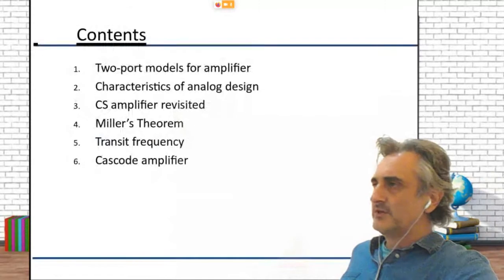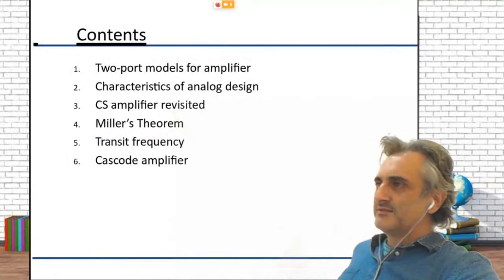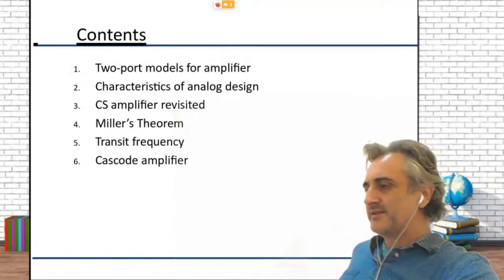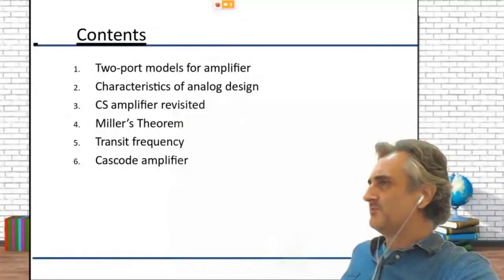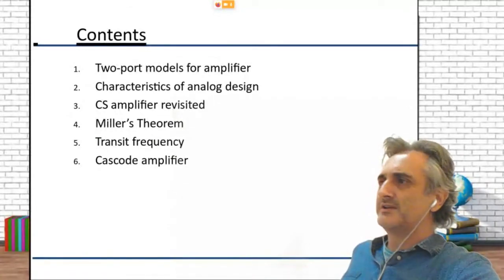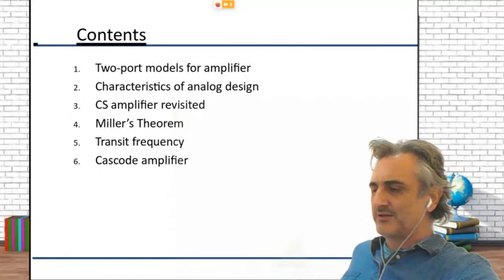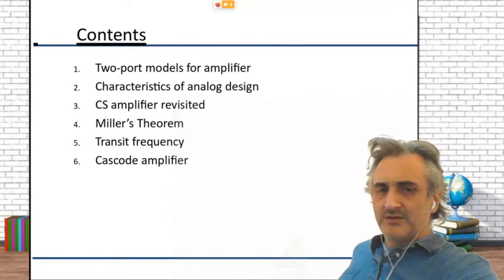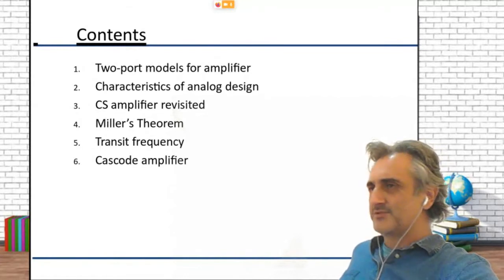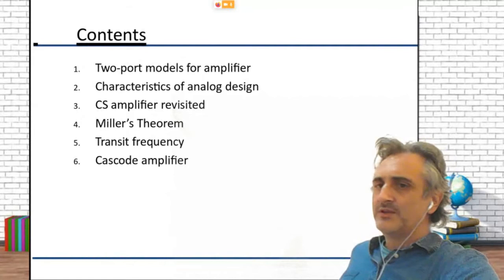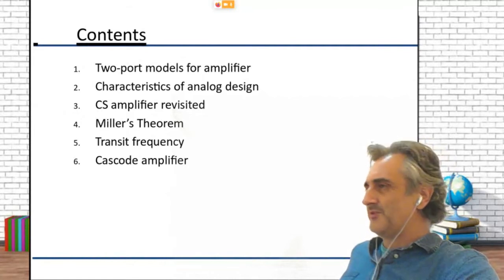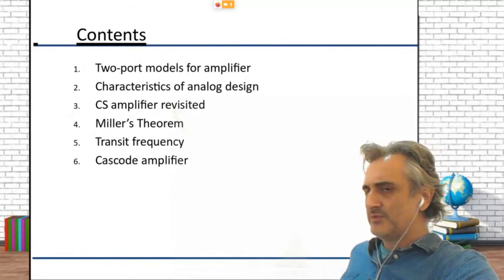So today, using these models, we will see the most basic amplifier configurations. We will first remember how the two-port model for amplifiers works, and then some characteristics of analog design, I mean, how we decide which characteristics we need to design for in an amplifier. We will revisit the common source amplifier, and we will see Miller's theorem.